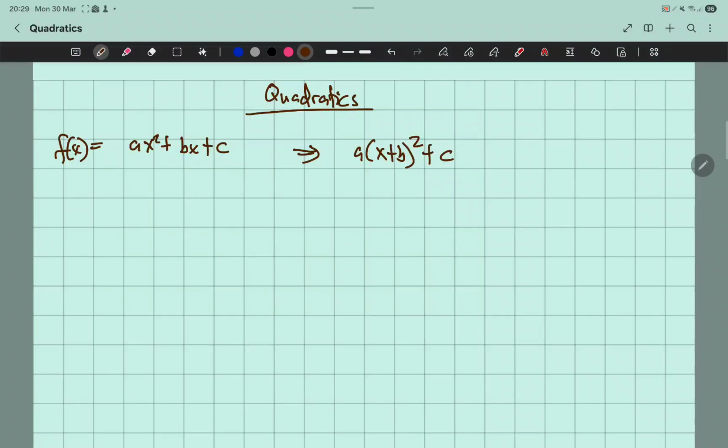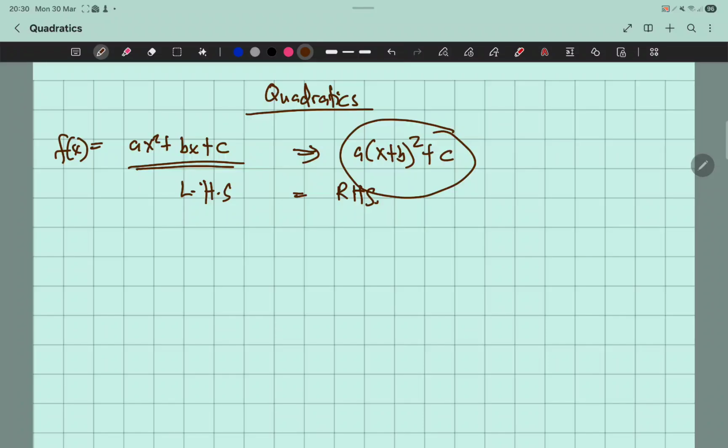There is a method that I taught, not the traditional method to complete the square, where we expand this thing, then expand the other form, to compare the coefficients and constants on both the left hand side and the right hand side, right?